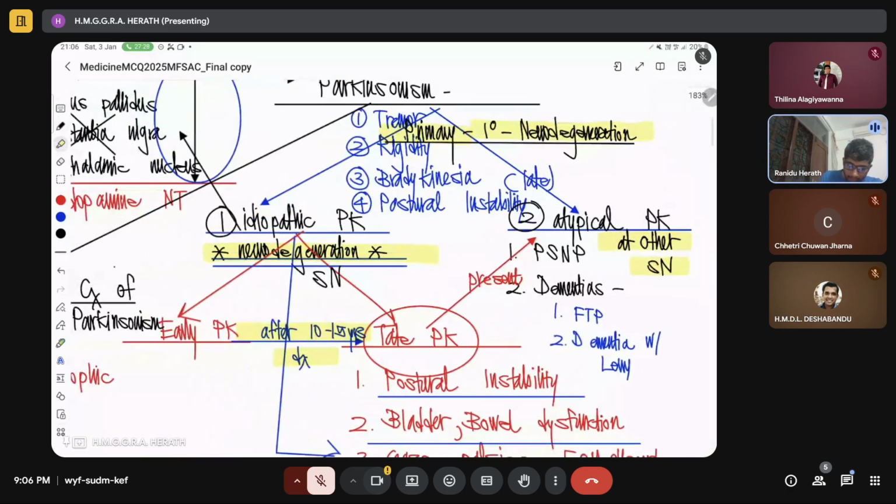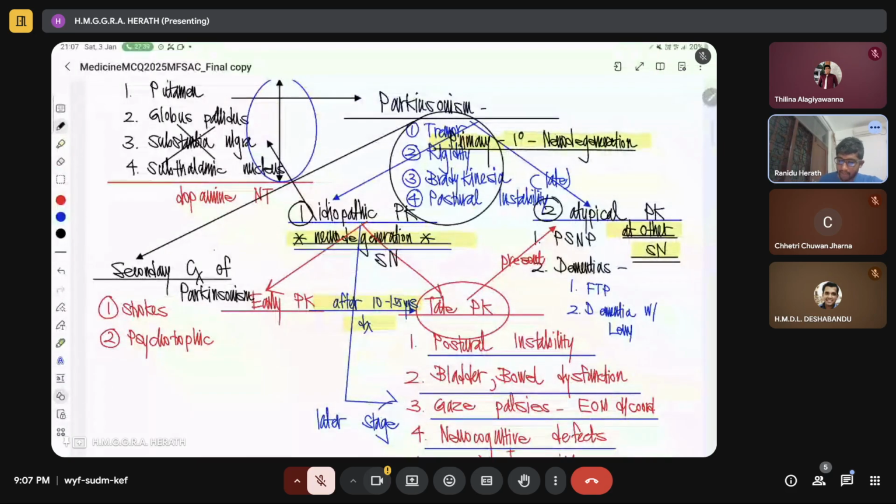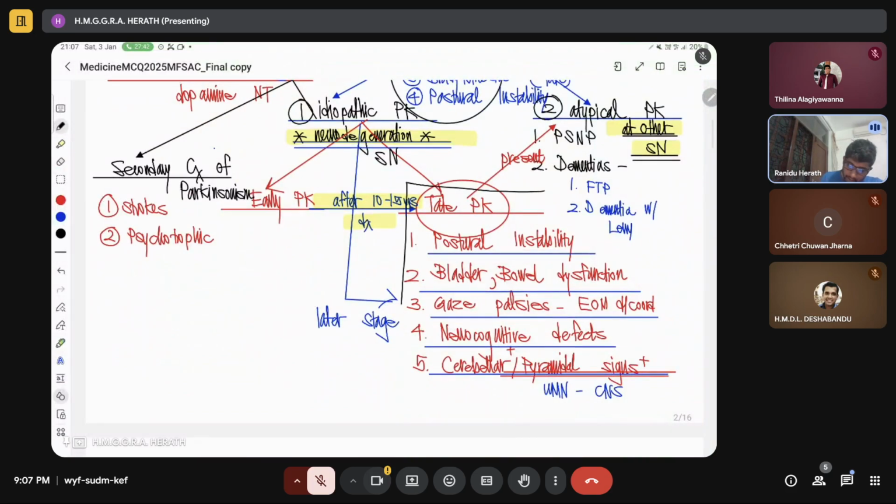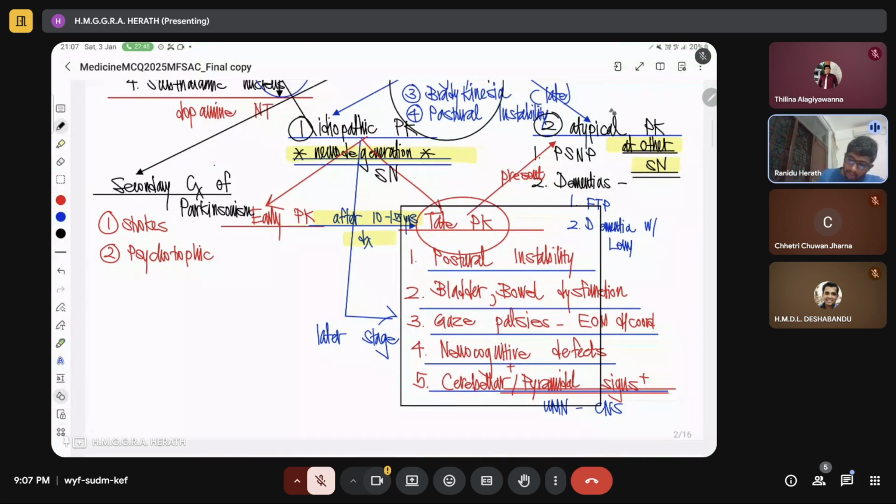In both idiopathic and atypical Parkinsonism you will have the signs called TRAP: tremor, rigidity, akinesia, and postural instability. However, in idiopathic Parkinsonism, these symptoms will be late. In atypical Parkinsonism, these symptoms will come early. That is how you clinically differentiate the two.